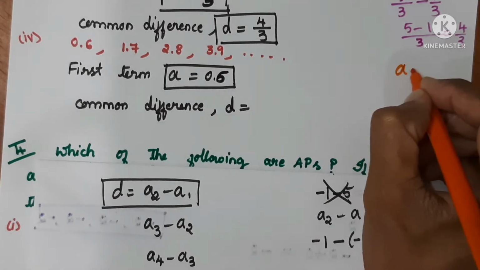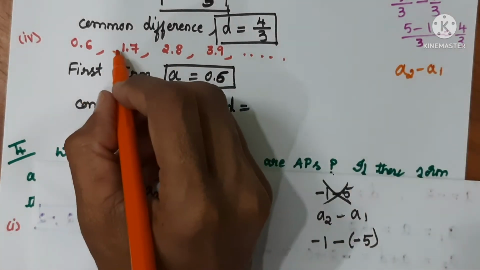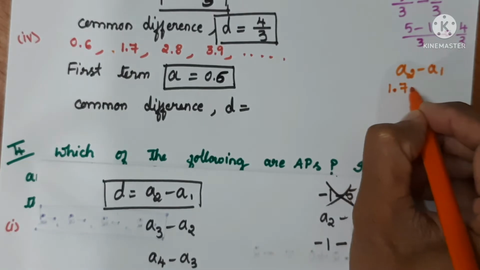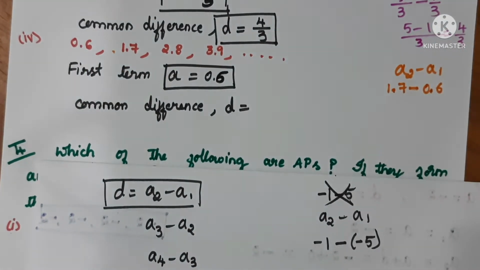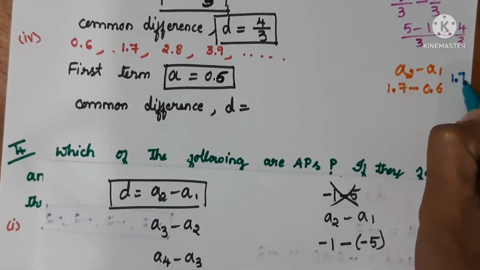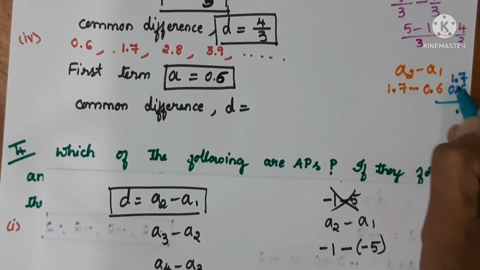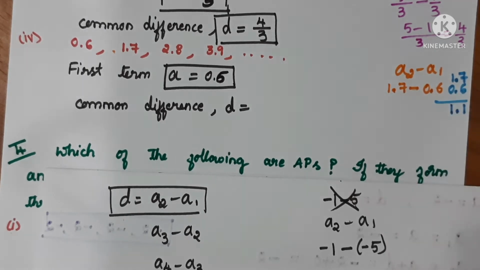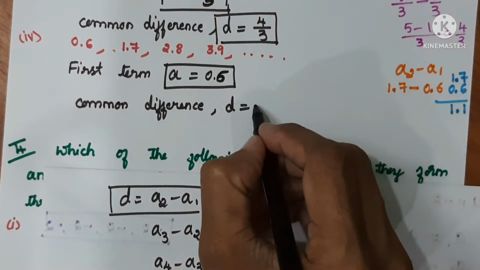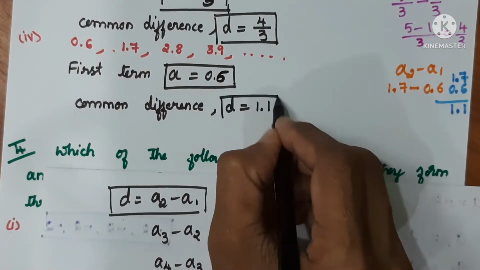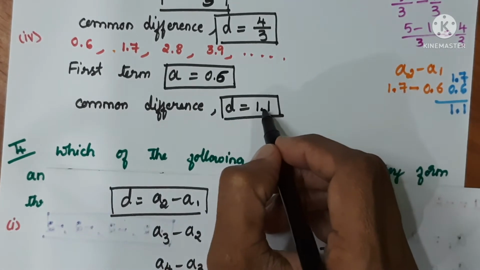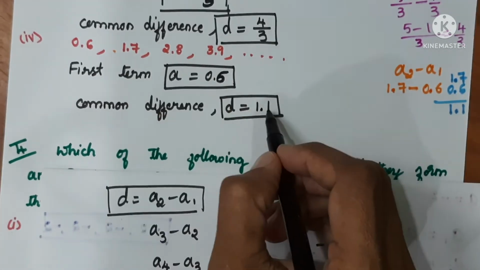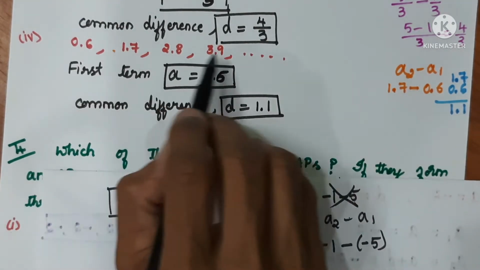A2, the second term, is 1.7 minus the first term, 0.6. We have to subtract these two numbers. So 1.7 minus 0.6: 7 minus 6, we get 1, and 1 minus 0 is 1. So the common difference is 1.1. Here also 2.8 minus 1.7, we get the same difference. 3.9 minus 2.8, we get the same difference, because this is in AP.